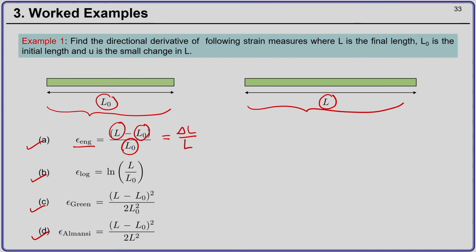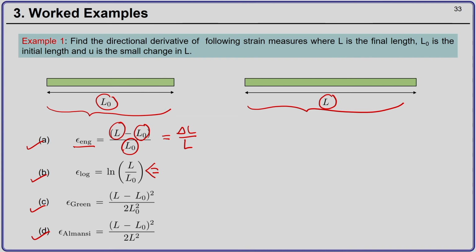The next strain we can define is logarithmic strain, which is the log of final length divided by initial length. This strain is also called the true strain.